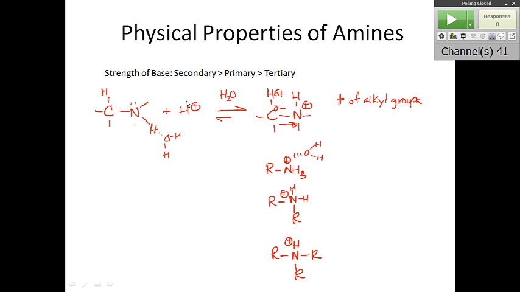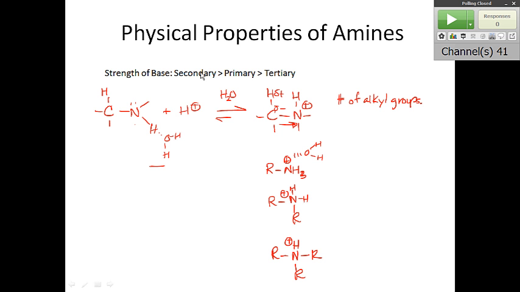So it solvates the reactant more than it solvates the product. And when you go to a secondary, it turns out that they kind of cancel each other out a little bit in terms of sterics and then the stability. So it turns out that this solvation for primary is more than this solvation over here. So primary gets moved to the second position.